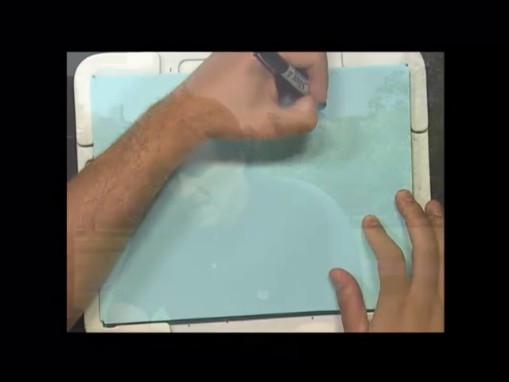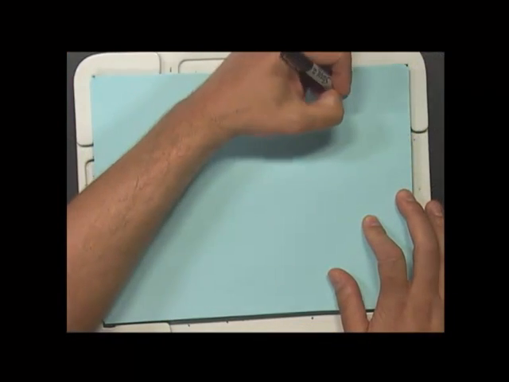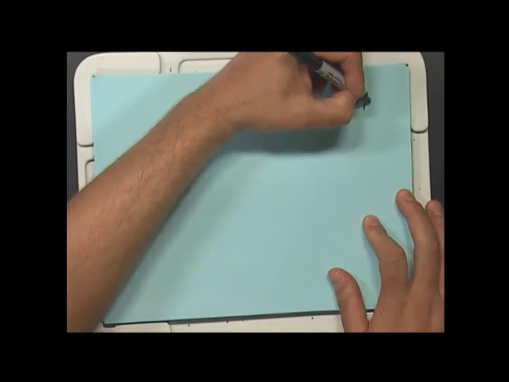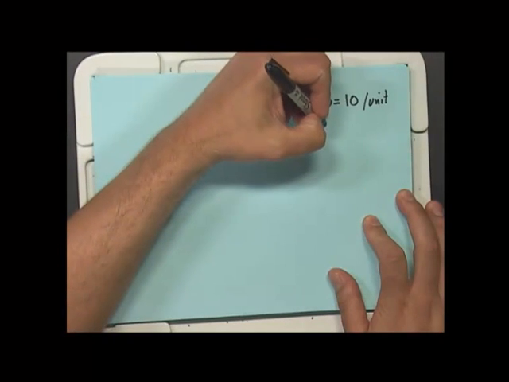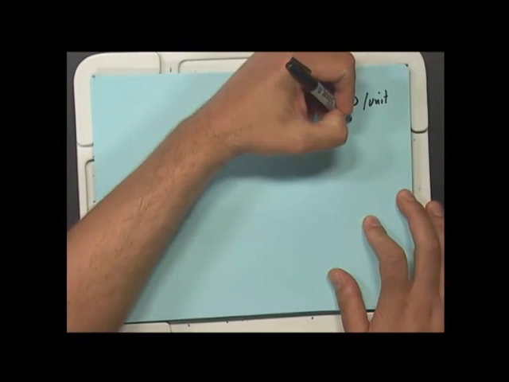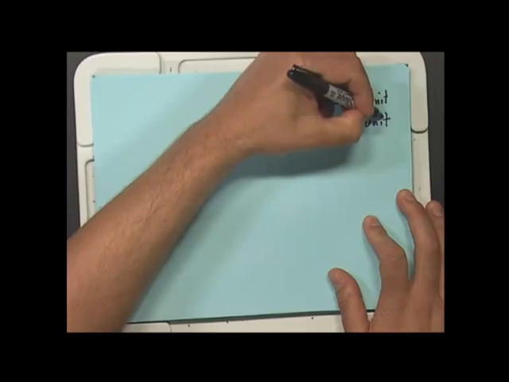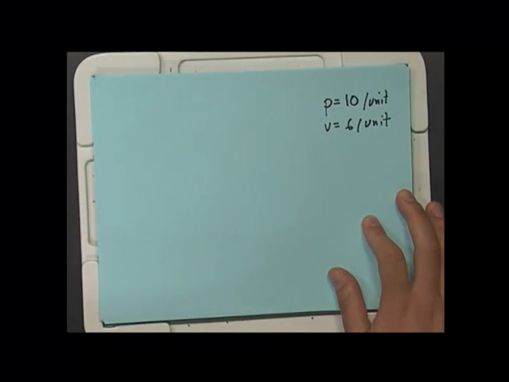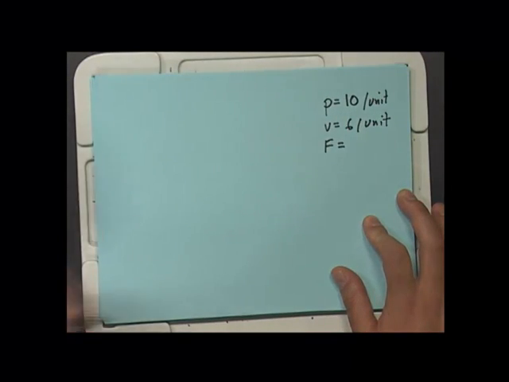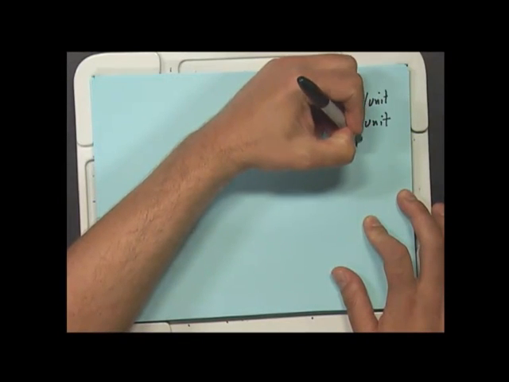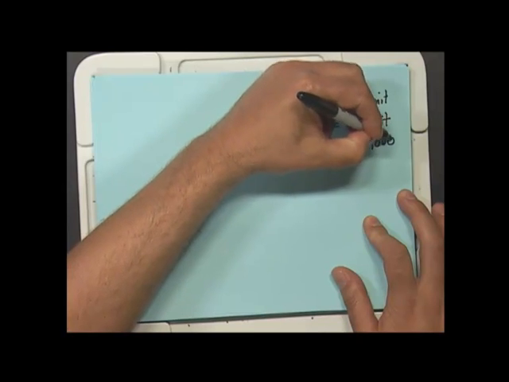Let's start with some very simple assumptions about a business. I'm going to assume that the business we're looking at has a product that it sells for $10 per unit, so that's the sales price, P. There is a variable cost of $6 for every unit that they sell, and they incur total fixed costs, F, of $120,000.